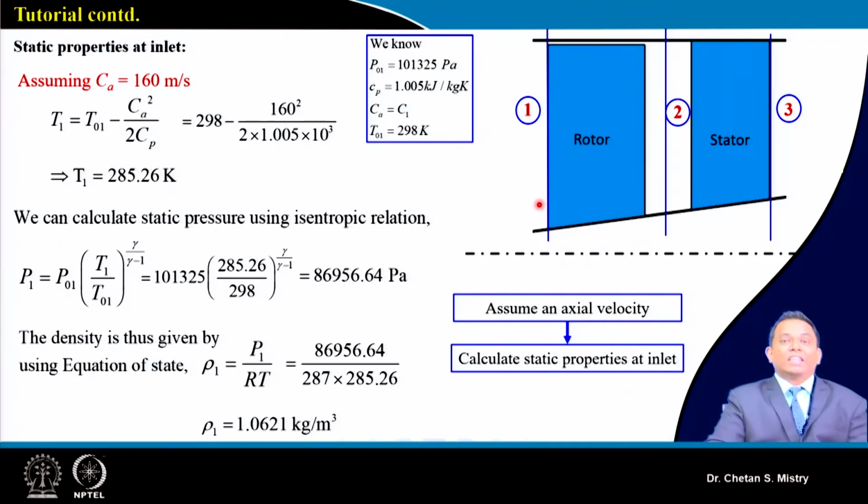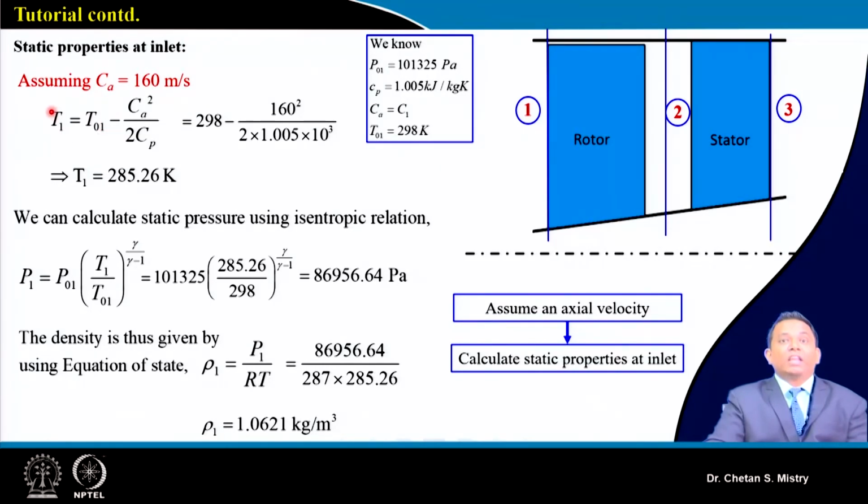That means my absolute velocity and axial velocity at the entry are the same, and that is what we have assumed as 160. If we use our correlation for total temperature, that will give me my temperature at the entry. This is my entry static temperature. Be careful, do not get confused between the total temperature and the static temperature.